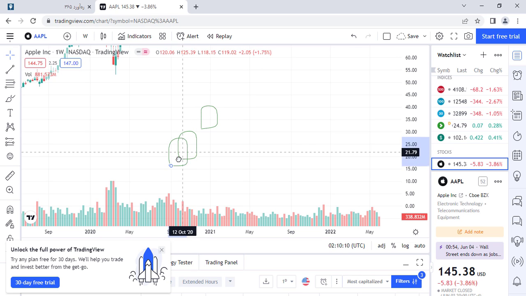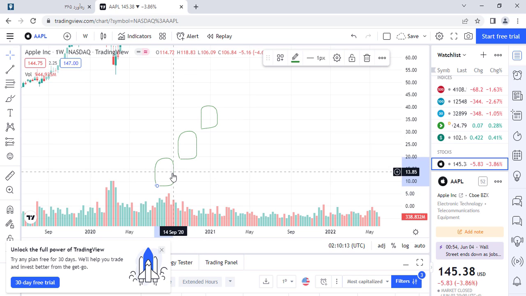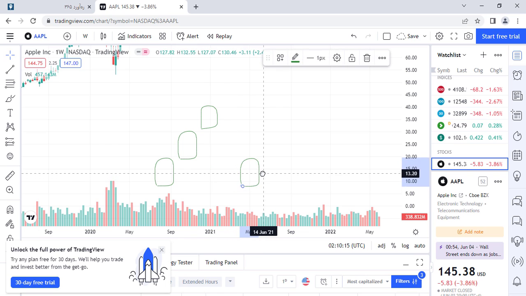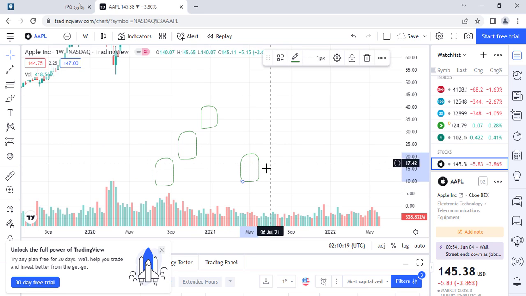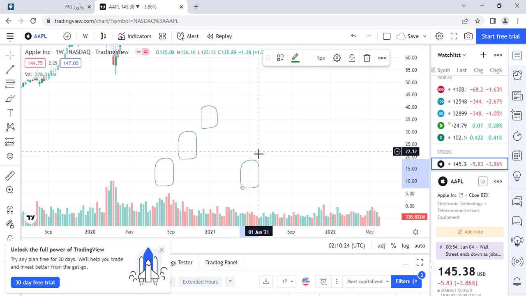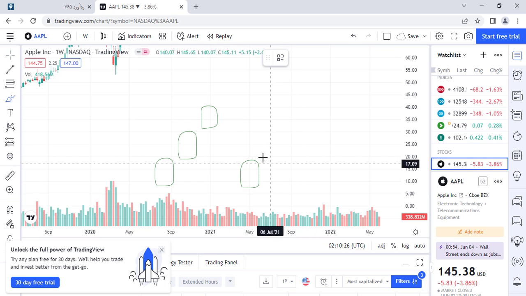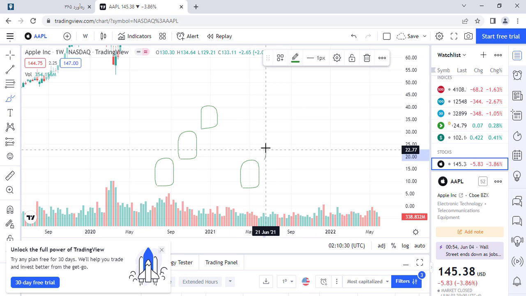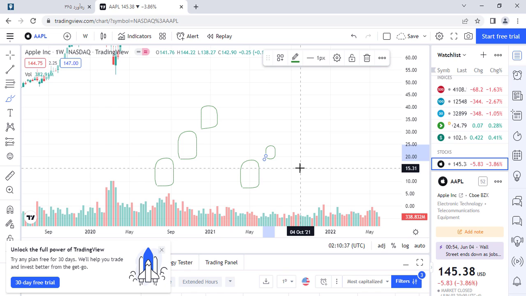Let me show you another example. $10 to $20, this was the second day. In the second day in logarithmic scale, the candle will be shown like this because the price has increased about 50%.